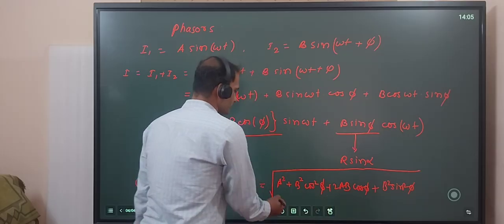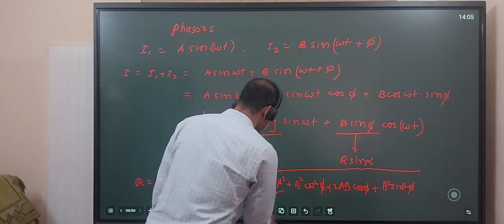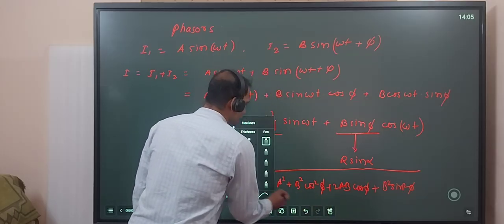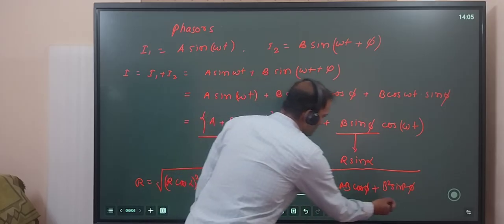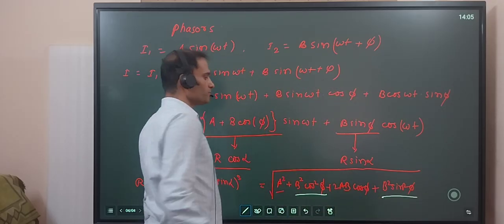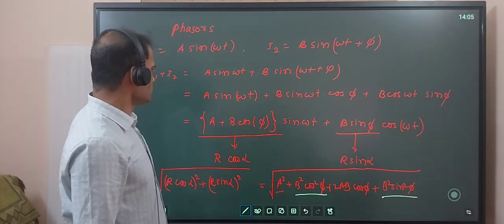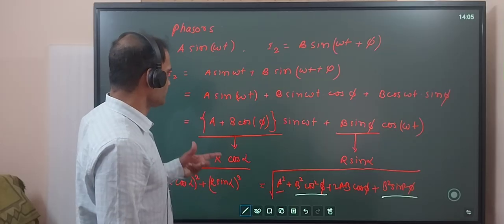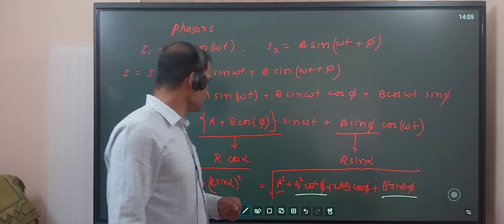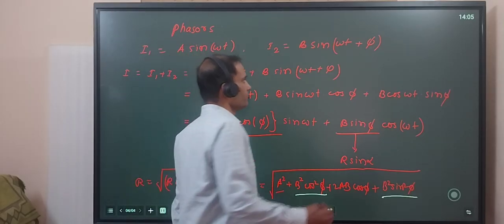Now you can see that we have a squared, we also have b squared, and then we have 2ab cos phi. So the result I will write on the next page.